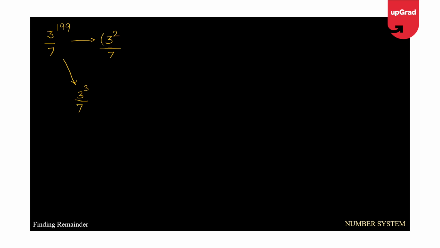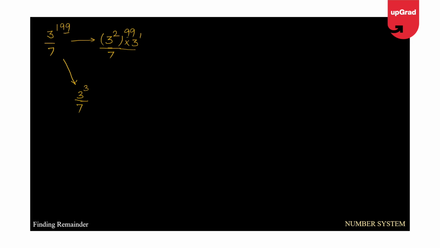Now when I'm writing it as square, outside on the bracket I have to put 99 because I have to achieve 199. Remember, 199 is broken, therefore 99 multiplied by 2 gives me 198 and there is one more 3 which is pending. So I'll write it this way, and I hope you all would be knowing when base is same, powers get added.